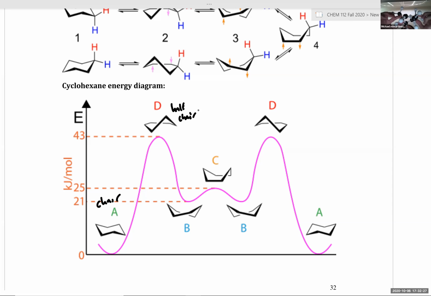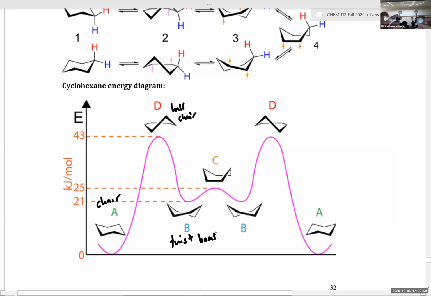What do we call this conformation? We've now brought carbon number 4 up. Twistboat. Yep, exactly right. It's lower in energy than the half chair conformation because we have minimized our steric and torsional strain.